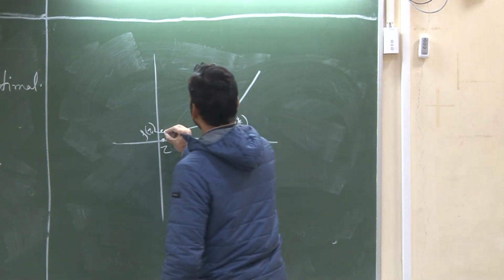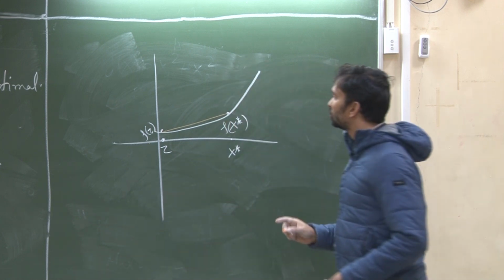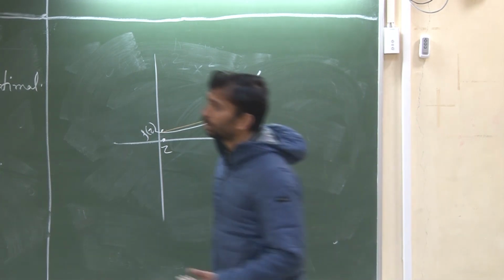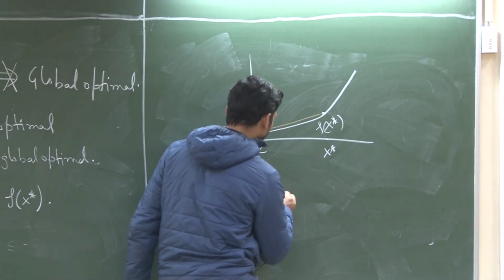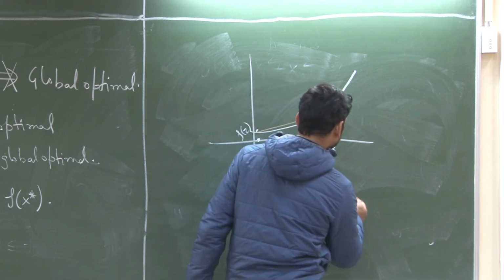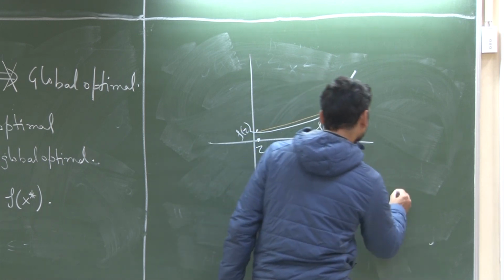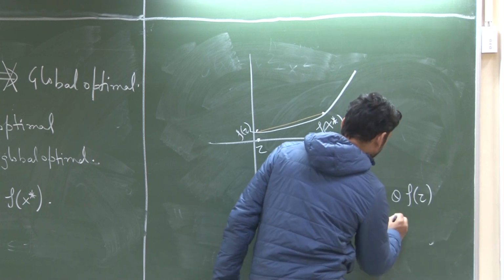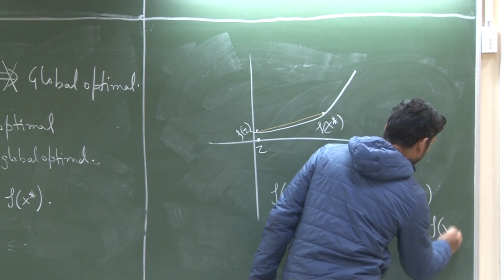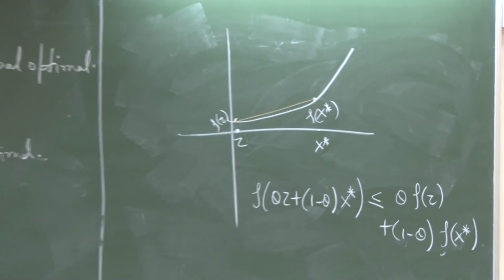The intuition is if I look at the line which joins z and x star, what is the function value? And I know from the property of the convex function f x star. This is just because f is convex.